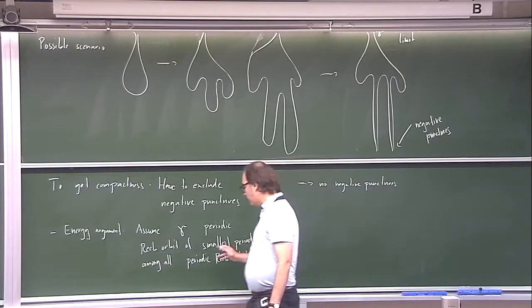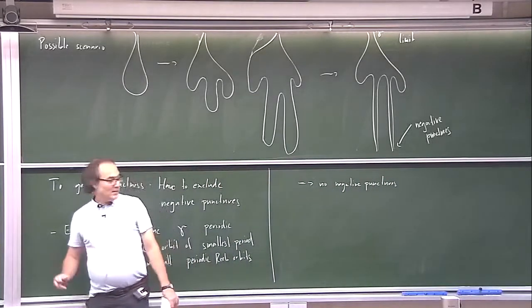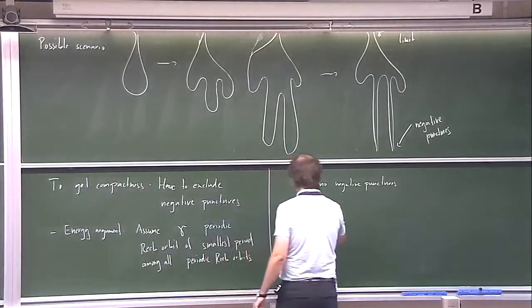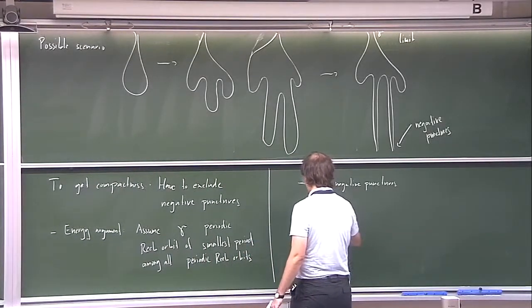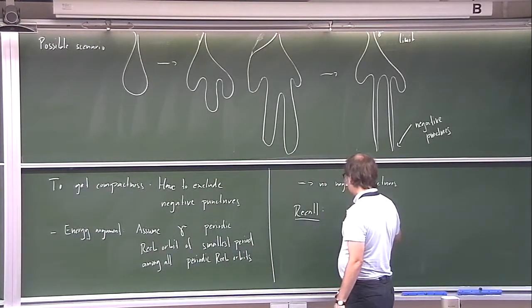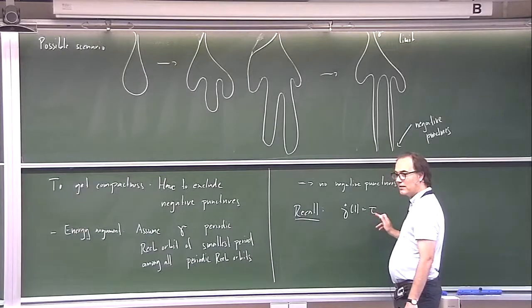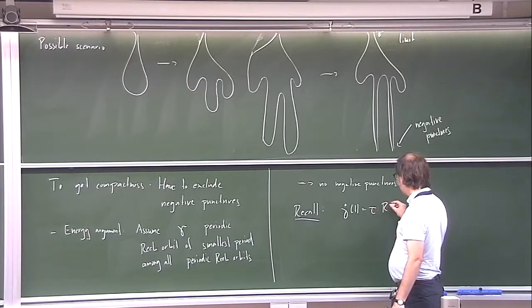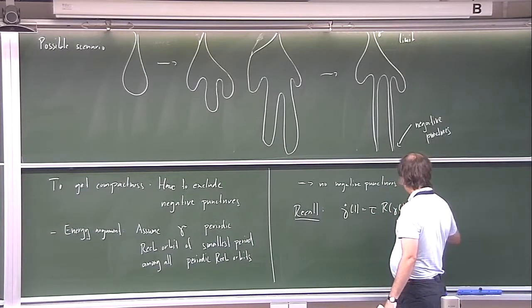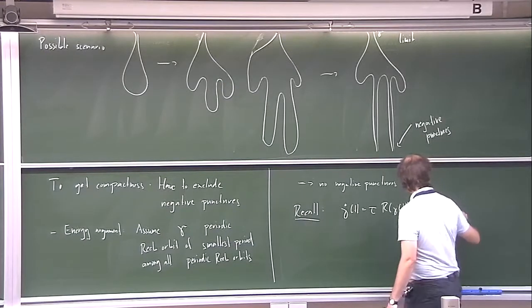Let me recall the period. We have gamma dot of t, in my convention the velocity, equal to tau times R at gamma of t, with tau bigger than 0, and this was the period.